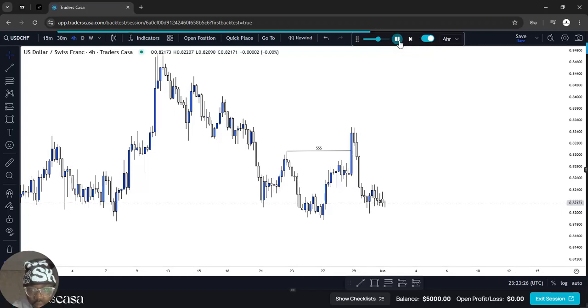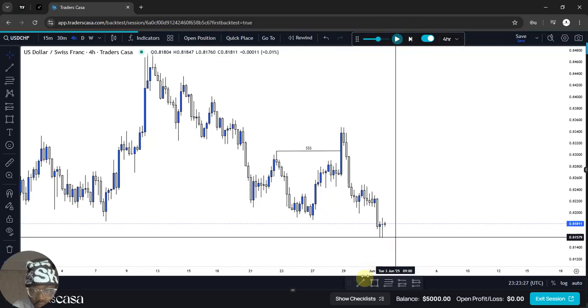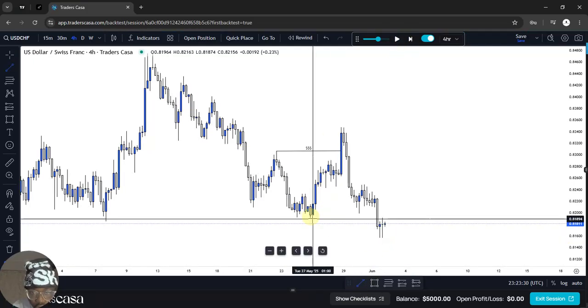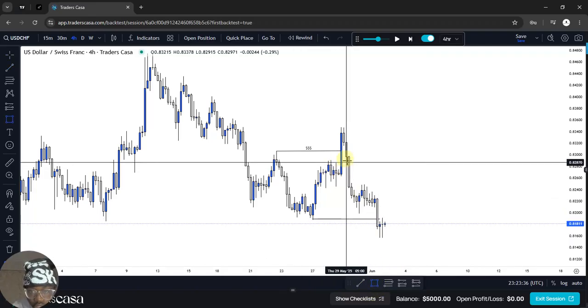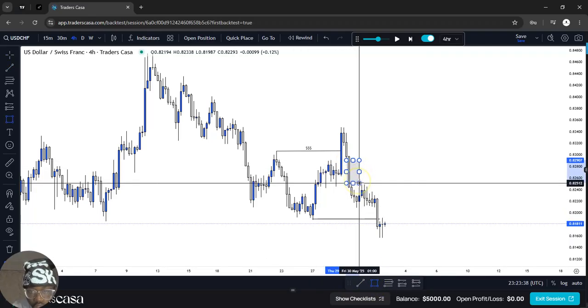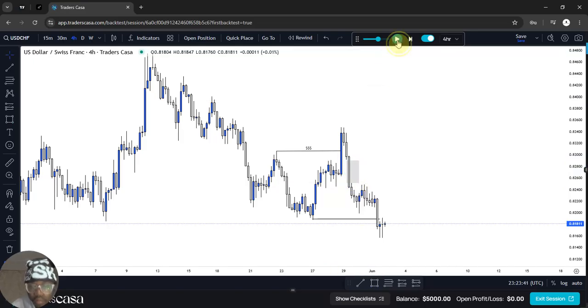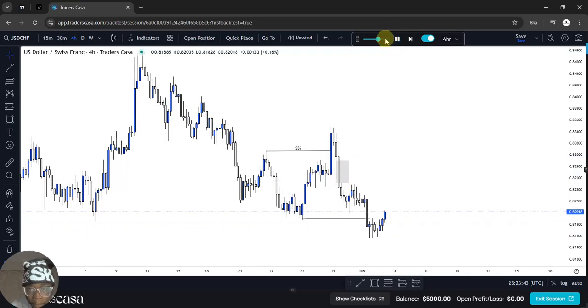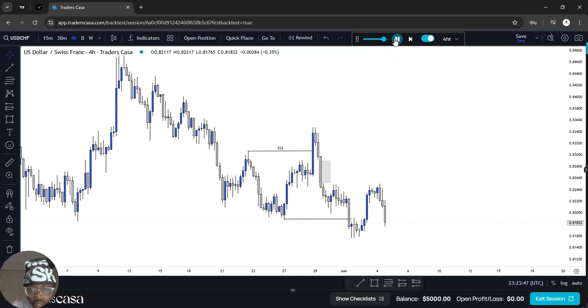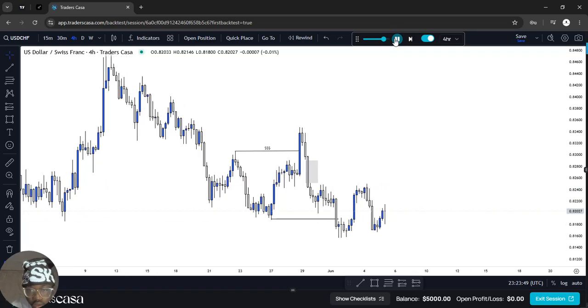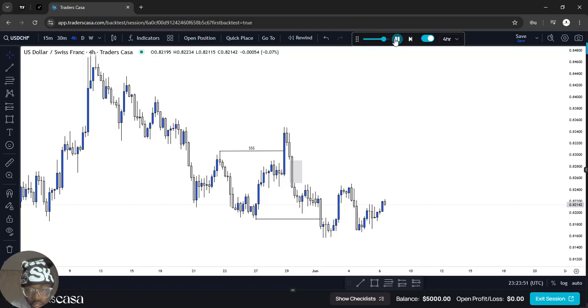Let us see how the market moves. Okay, we have our break of structure there, and we have our imbalance there. Let us see. We're getting a nice return inside here, but it looks like it's not going to be that long.